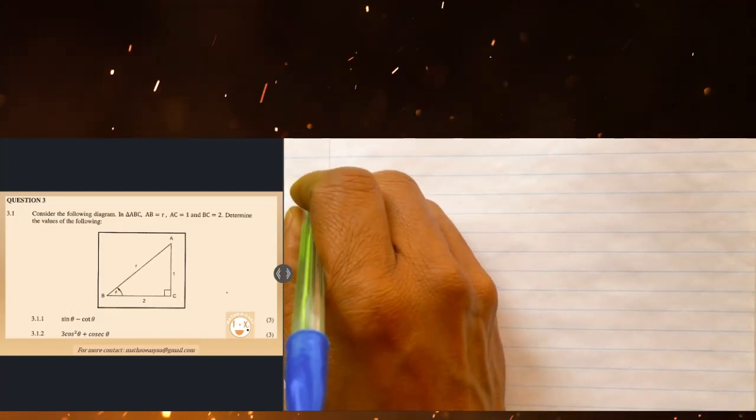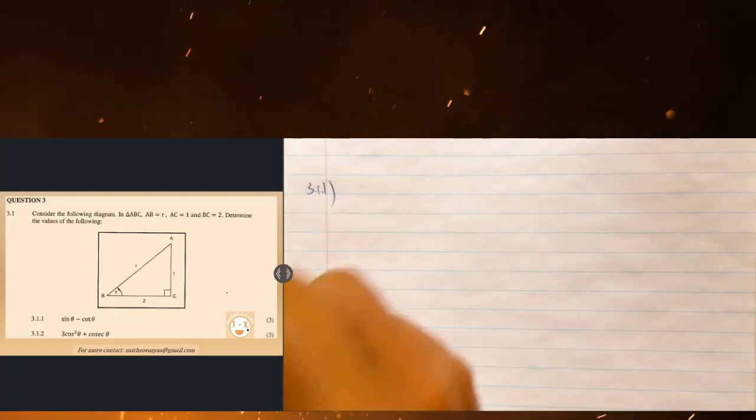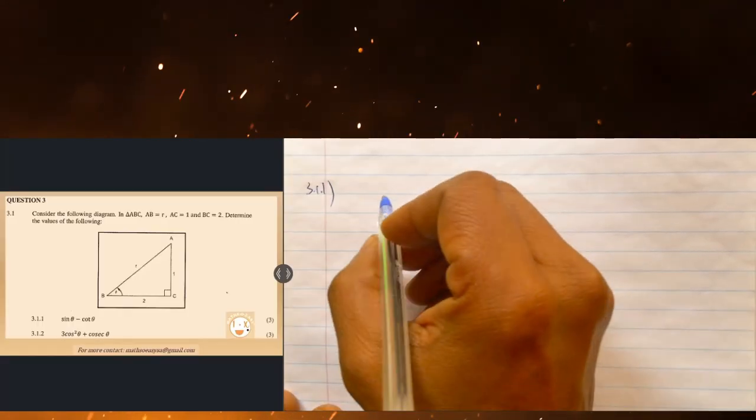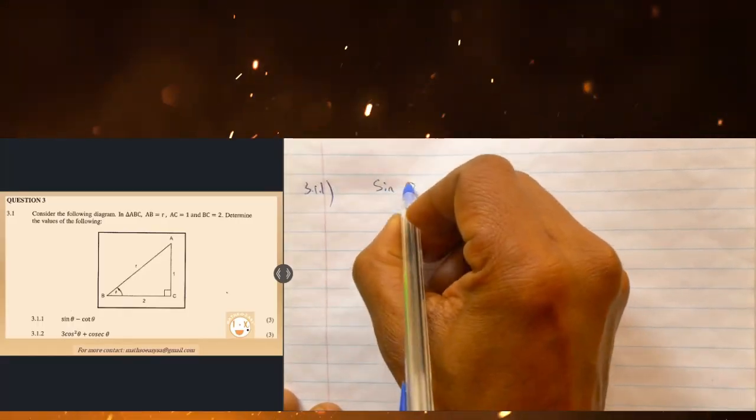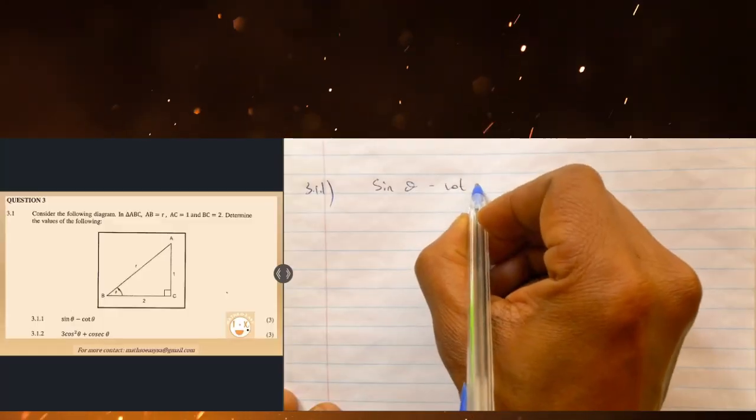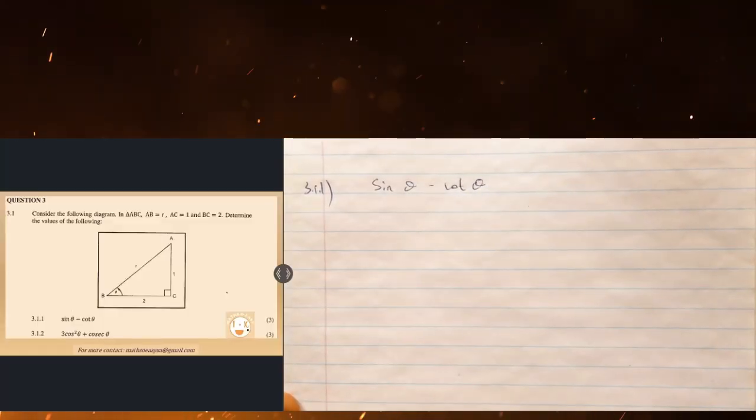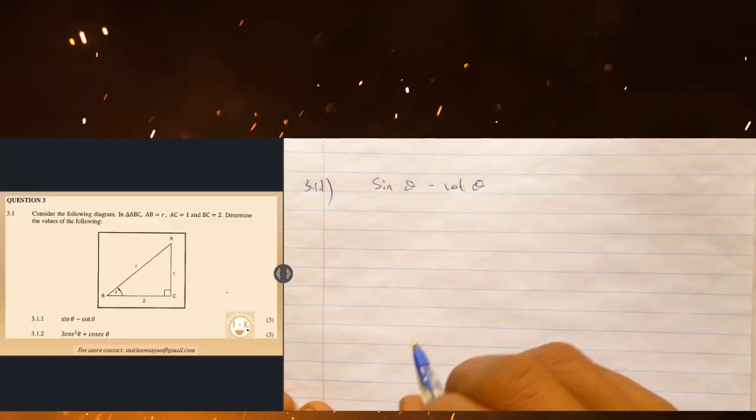Now for the first one, we have 3.1.1, and what do we have there? We have sine theta minus cot theta. So in an exam, you are not going to waste time.